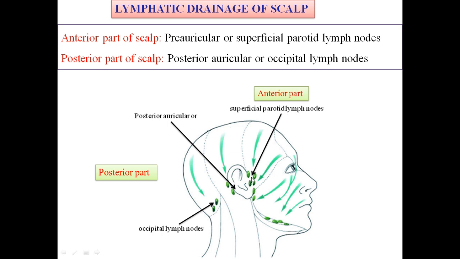You can see here the arrow mark: all the anterior part of the scalp drains into the superficial parotid lymph nodes. Then the posterior part of the scalp drains into the posterior auricular nodes and occipital lymph nodes.